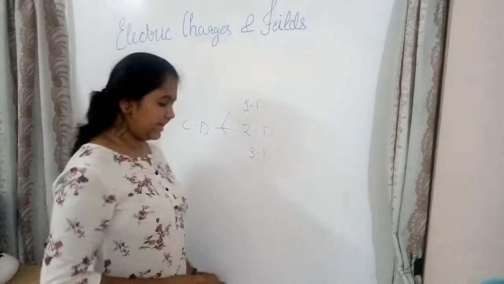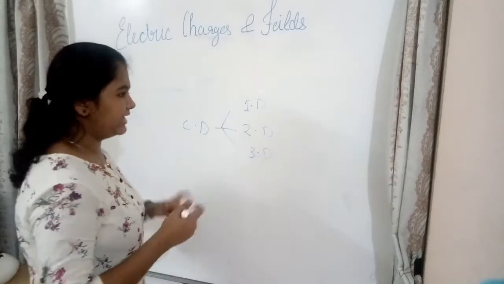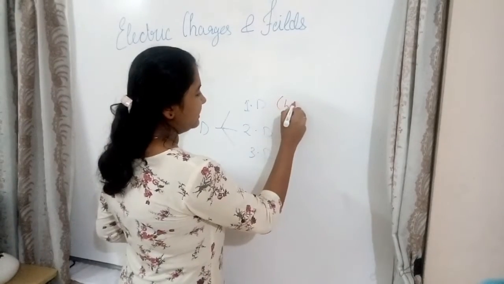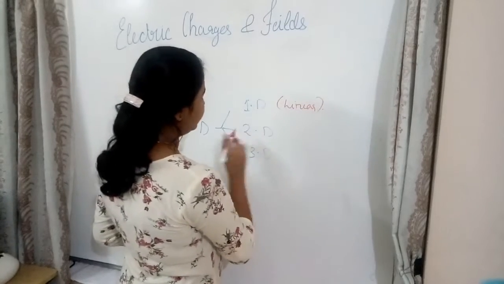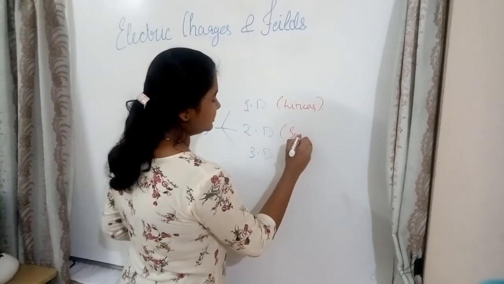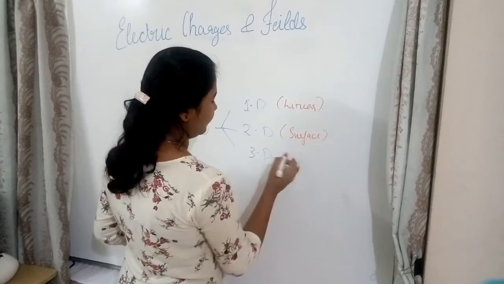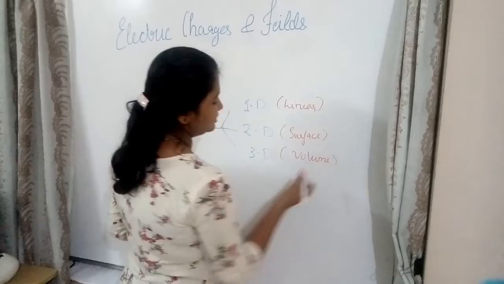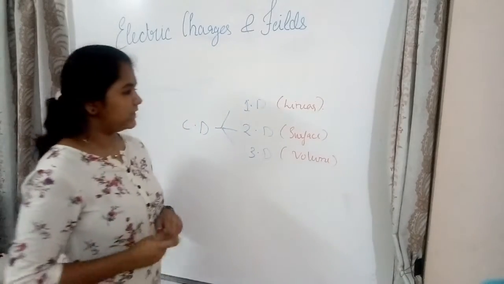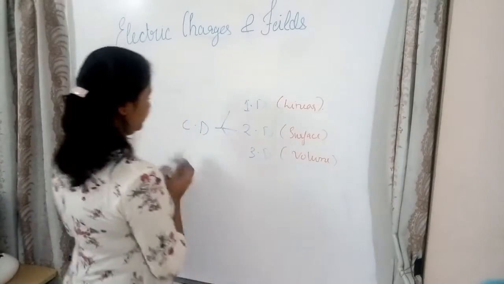What is the one-dimensional charge distribution called? That is linear charge distribution. The second one is surface charge distribution. The third one is volume charge distribution. So first we learn about linear charge distribution.